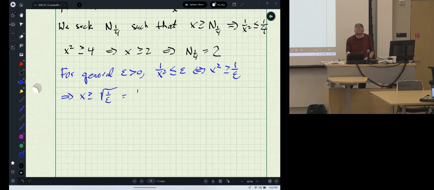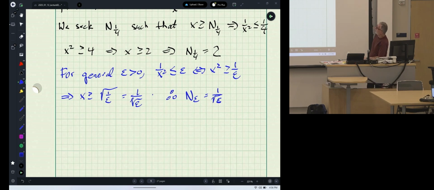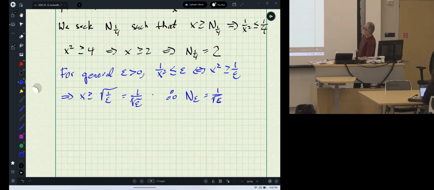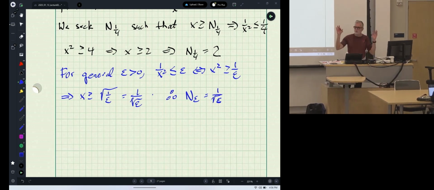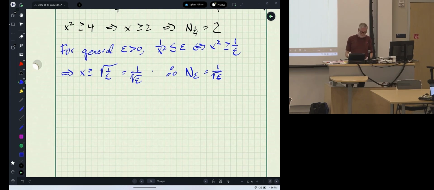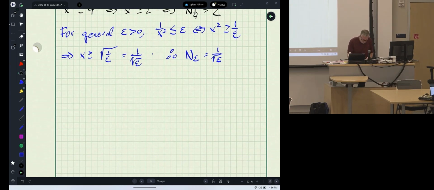Or if you want to write that as 1 over the square root of epsilon, it's the same thing. And so we conclude that n sub epsilon equals 1 over square root of epsilon. Okay, so for these, the derivation of the bound is, I wouldn't call it tedious, it's straightforward. I would call it somewhat boring, okay? So let's do one more example and make it a little bit less boring.